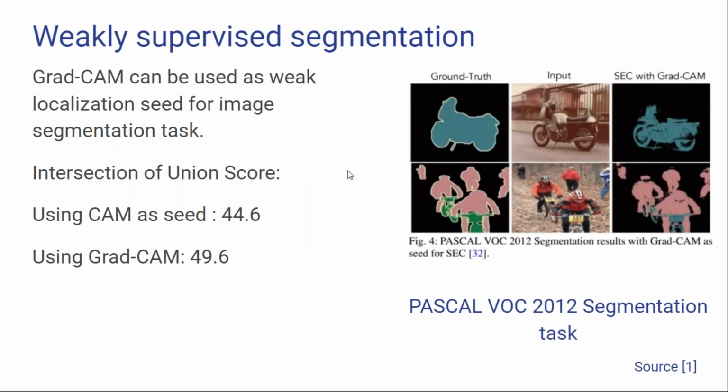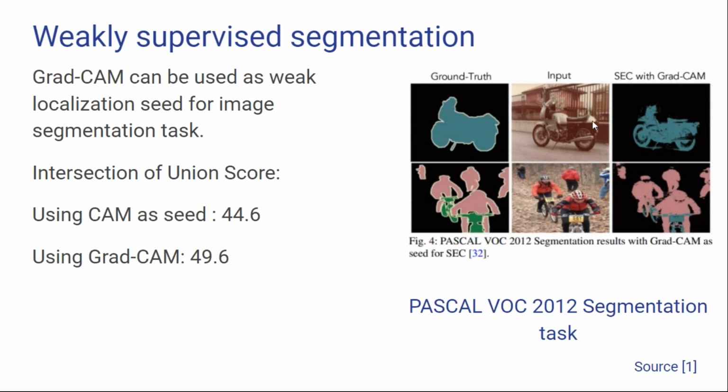And as one of you asked, how can we use this for segmentation? As I told you, Grad-CAM gives you a heat map. So for image segmentation, this is the ground truth, and this is your input image.